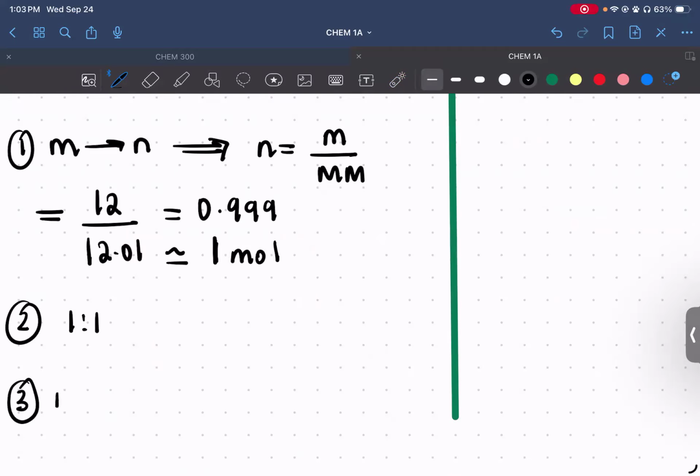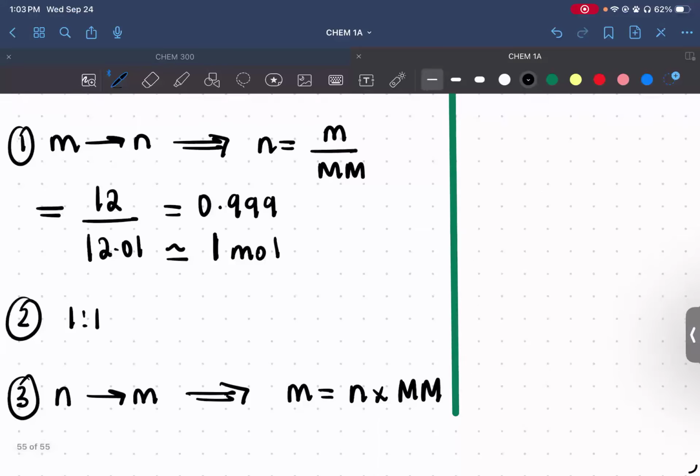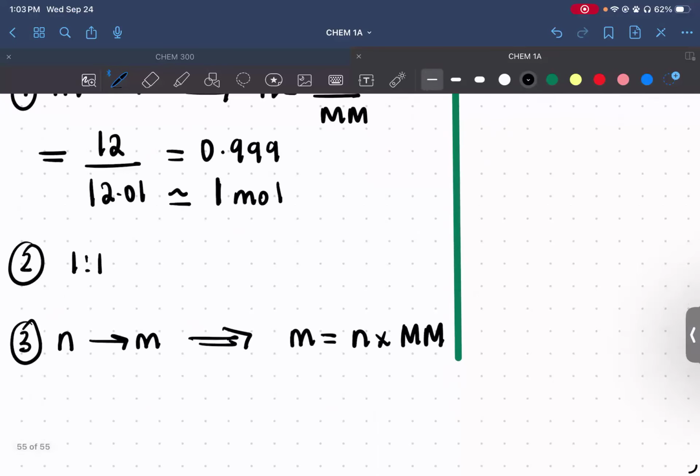Number 3, we're going from moles to mass. We know we'll be using the formula M is equal to N times MM. We've seen this enough times by now. We know the number of moles is 1.